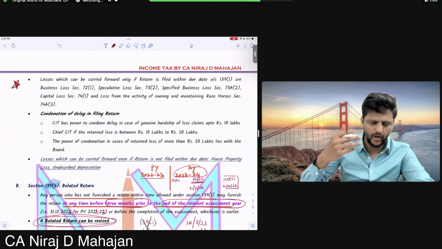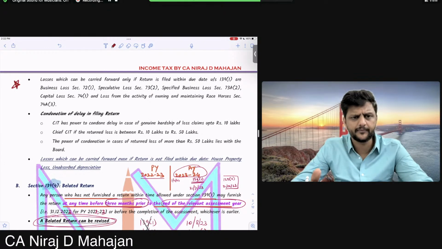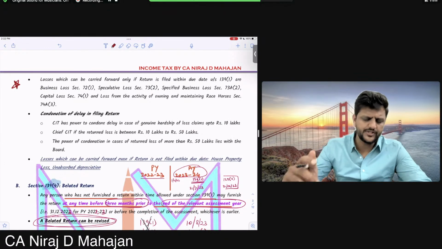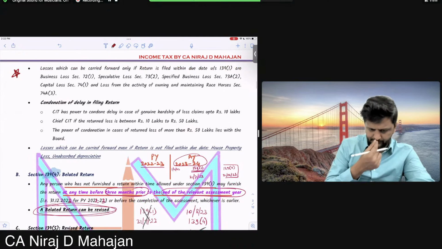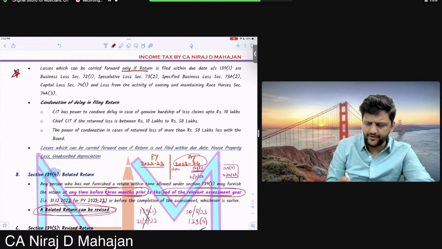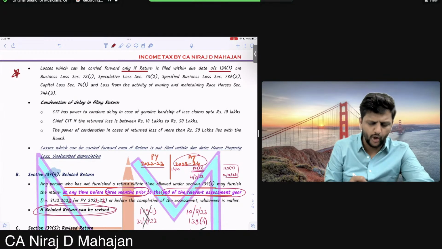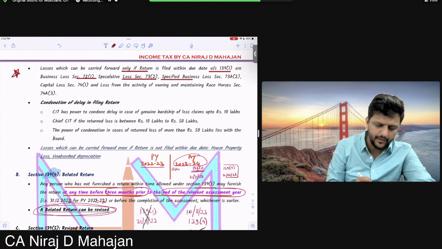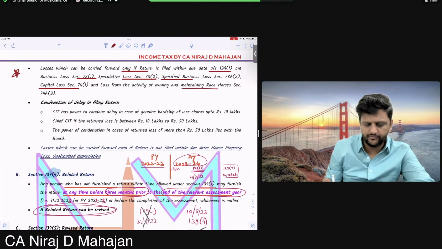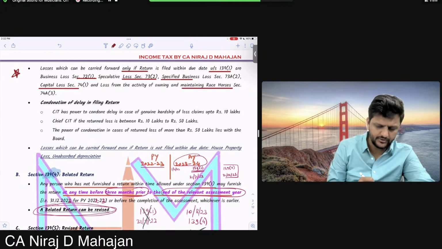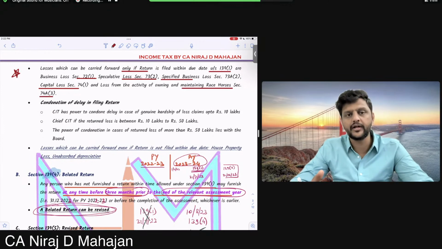Next one. Important. Star mark this also. You have to learn this by heart. Losses which can be carried forward only if the return is filed within 139.1 are regular normal business loss, speculative loss, specified business loss, capital loss, and loss from maintenance of race horses, 74A3, loss from the activity of owning and maintaining race horses.